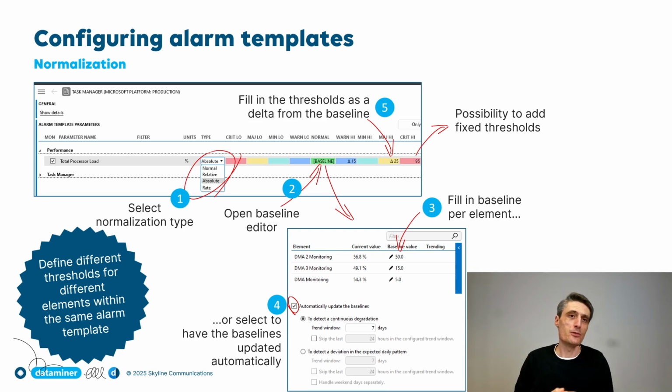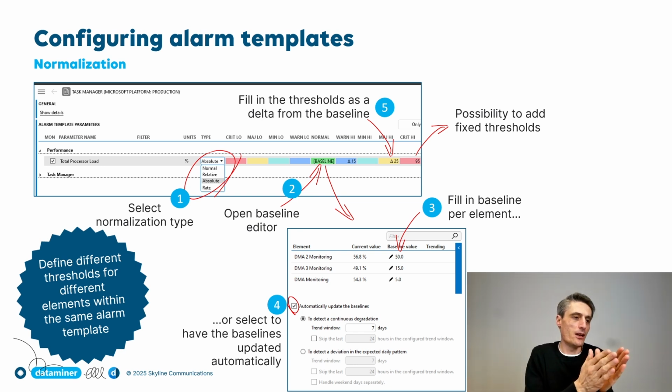But sometimes you want to have them a little bit tighter around the normal expected value, and have only a little deviation allowed from that expected receive level. Therefore you can use normalization. Normalization means that you normalize each and every element.